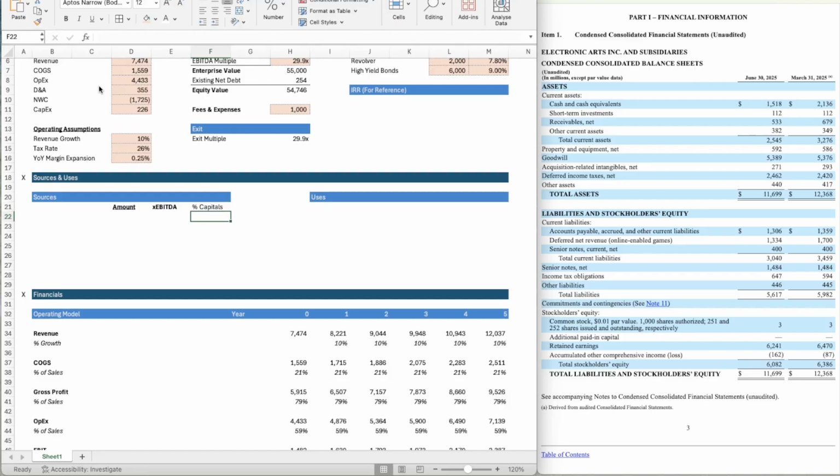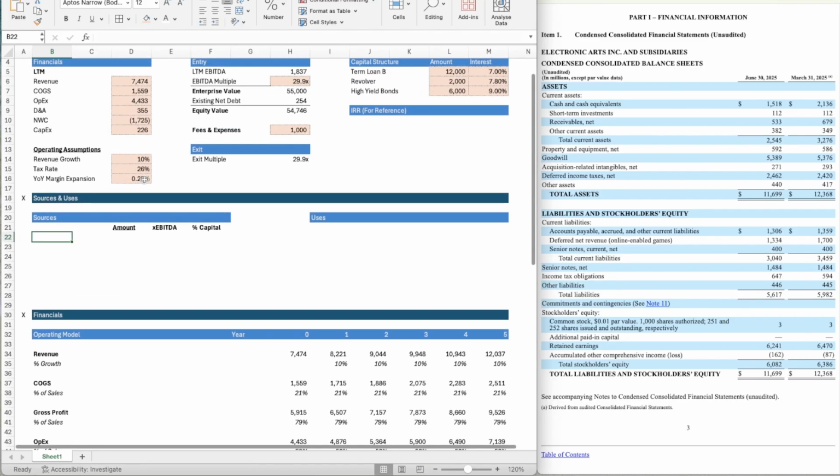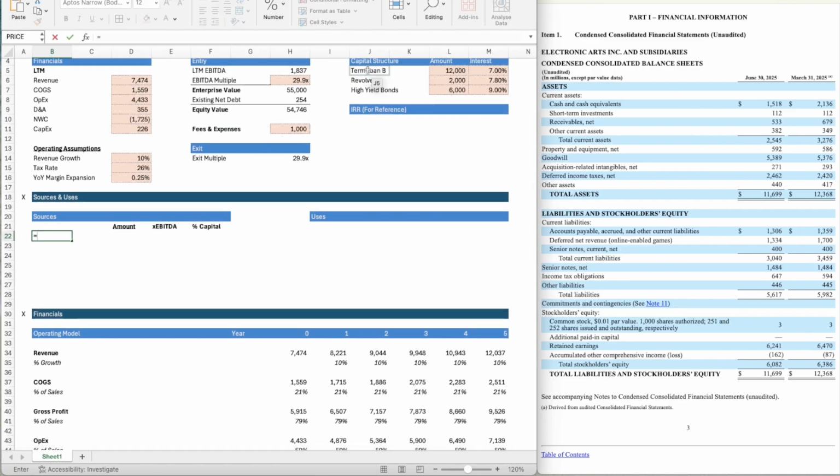I'll show you that in a second. I don't really know how to explain it, sorry. Let's make it equal to, yeah, because we might update these to something else. So term loan B, there we go.